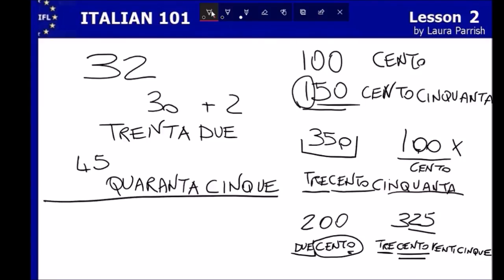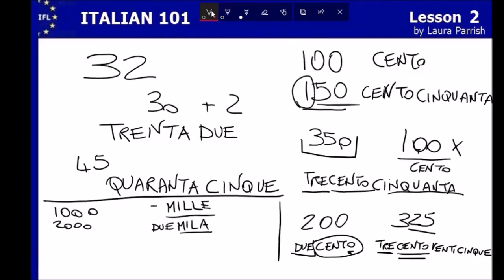Then we have this number, 1000, and it has an irregular plural, okay? So this number 1000 in Italian is 1000. You don't put 1 here, you just say 1000. This will be 2000, irregular plural. Sorry. 2000, okay? 1000, the plural is irregular.